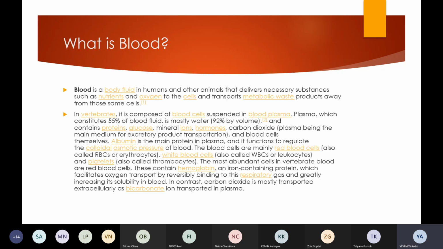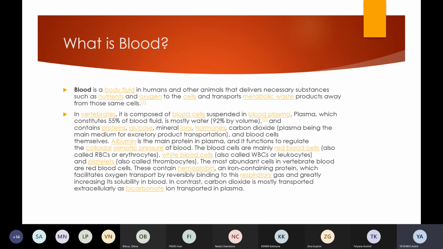And the second part is blood plasma. 92% of it is fluid, and it has all the other stuff except our blood cells. For example, nutrients, which are glucose, fatty acids, proteins, ions, electrolytes, hormones, and so on.